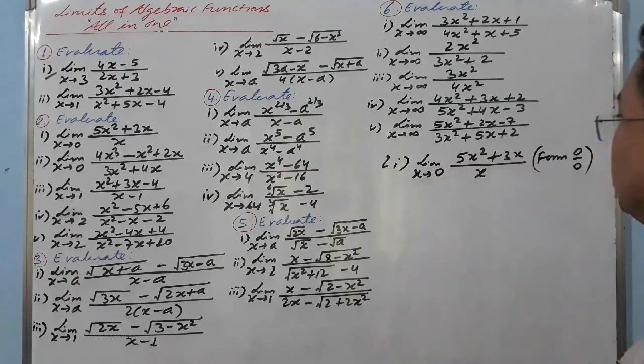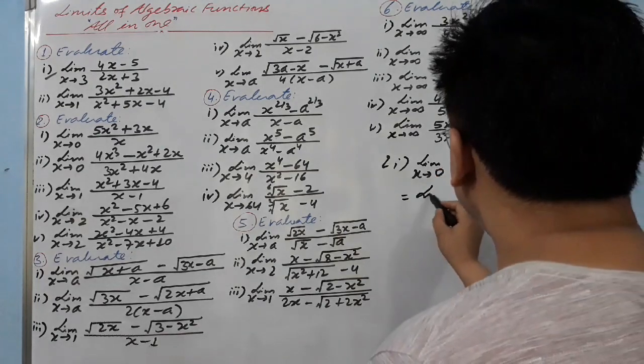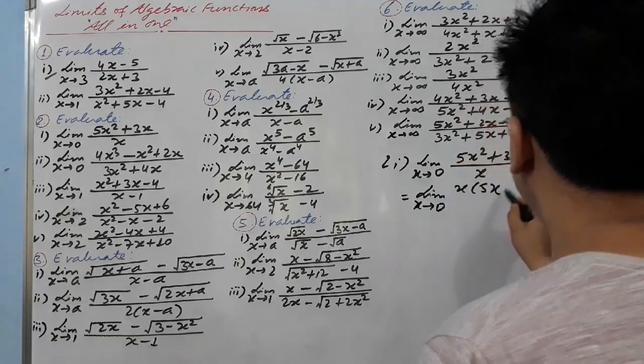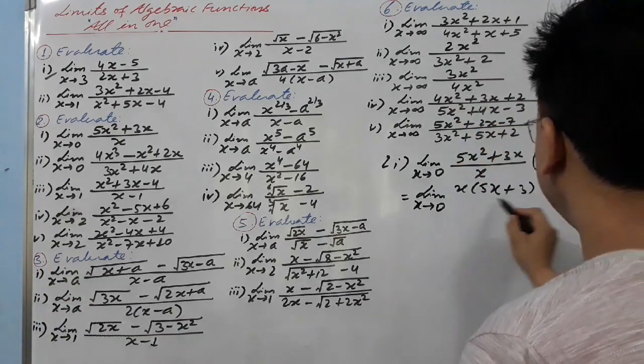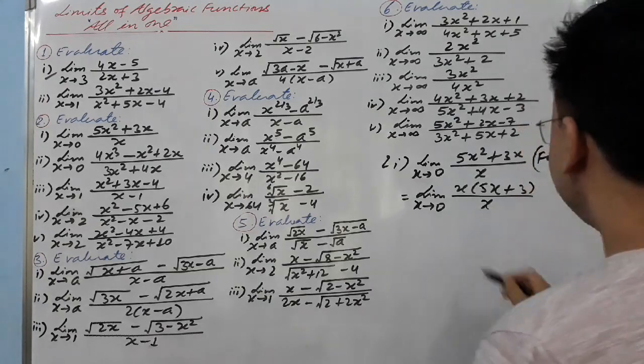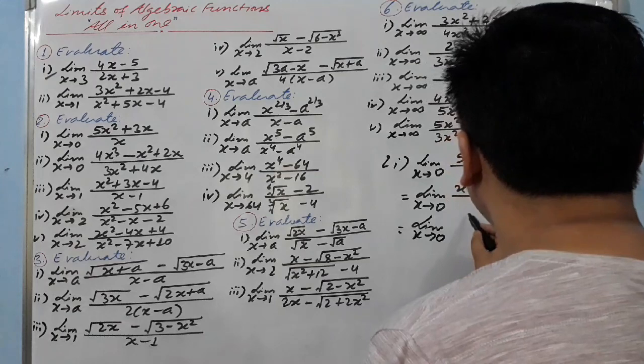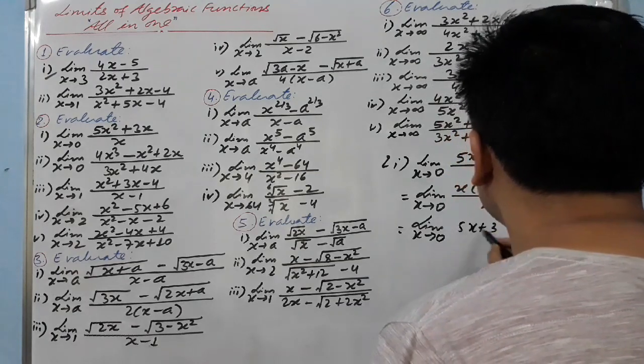We can take x common from here. Limit as x tends to 0, x common, x(5x plus 3) over x. In the next step, x cancels, leaving 5x plus 3.